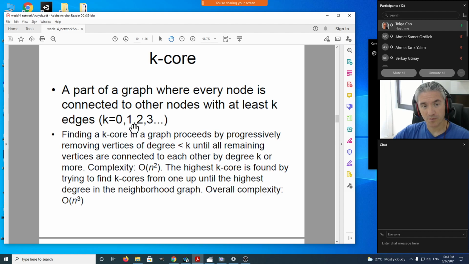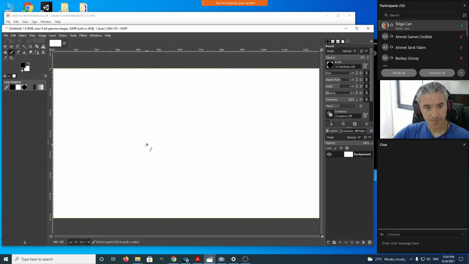But this removal process should be in a loop, because the first time you remove degree 1 nodes, it may be something like this. Let me show you here.